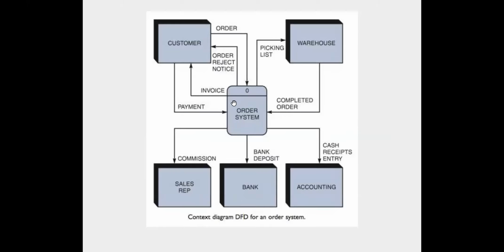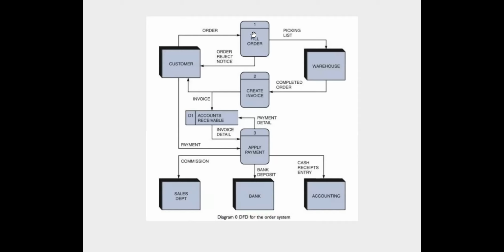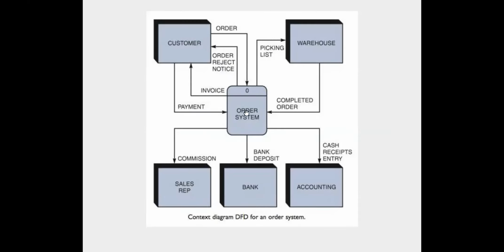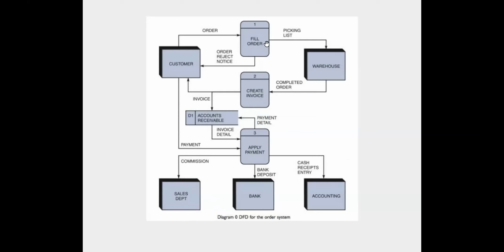Okay, and then there's an order reject notice coming from the system to the customer. This time the order reject notice is actually coming from the first sub-process, right? Then there's a picking list going from the system to the warehouse. So you can see the picking list goes from the first sub-process to the warehouse.